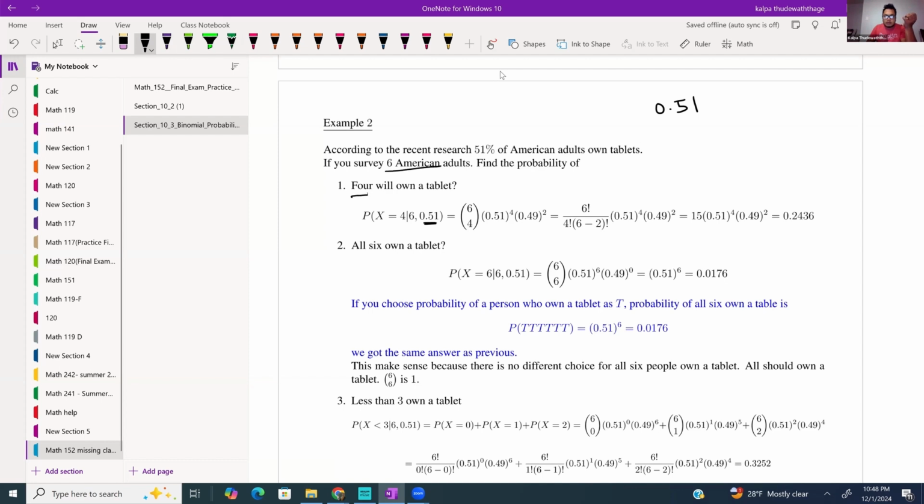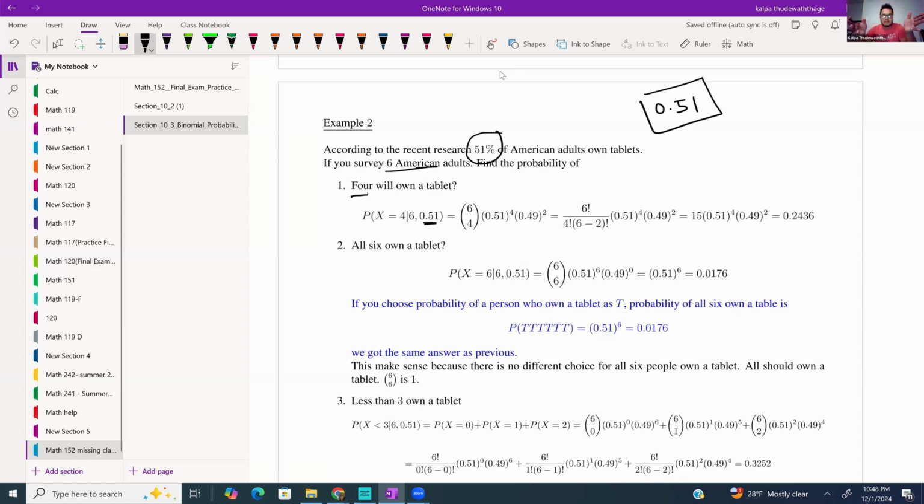I select 6 people. If you choose any American, the probability that he or she has a tablet is 51%, or 0.51.